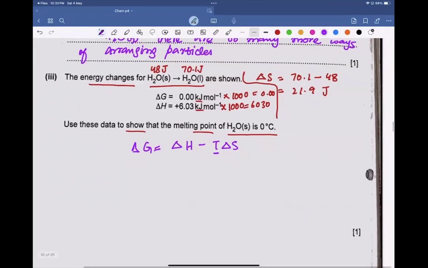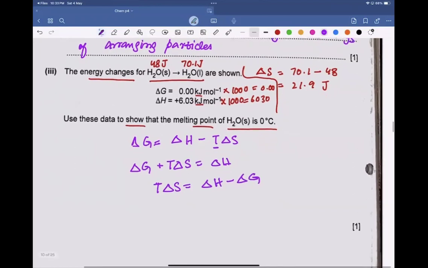So what I can do is: Gibbs free energy plus T delta S is equal to delta H, and T delta S is equal to delta H minus delta G, and temperature is equal to delta H minus delta G over change in entropy. Is this understandable?